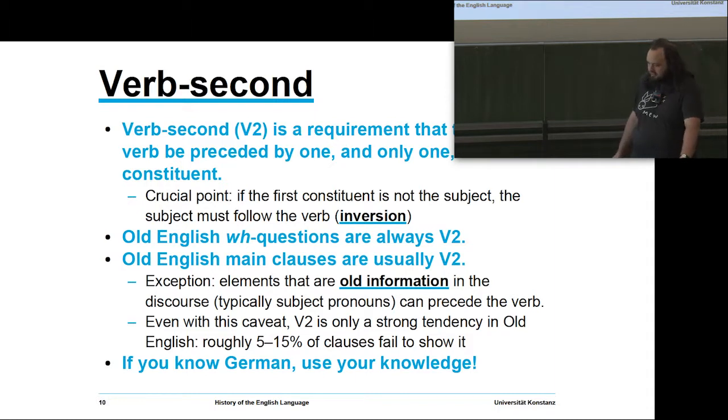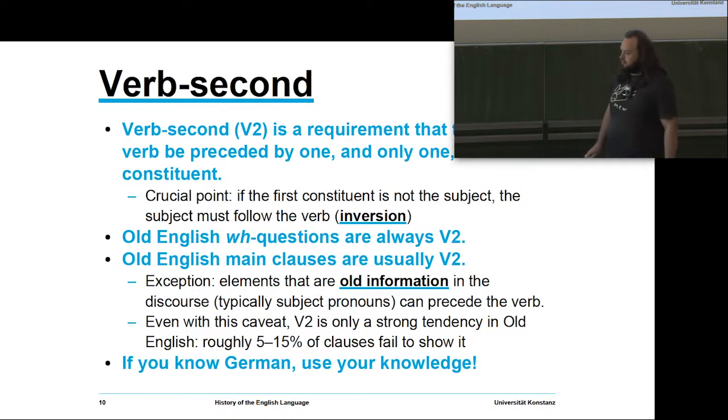We've seen some examples of this already in WH questions, so questions that begin with when, why, what, how, who, or which. These questions are always verb second in Old English. Main clauses are a bit more complicated. In main clauses, you usually get verb second.